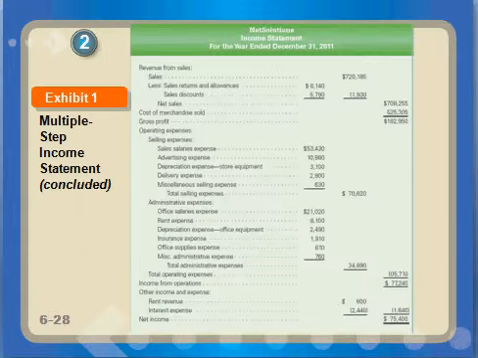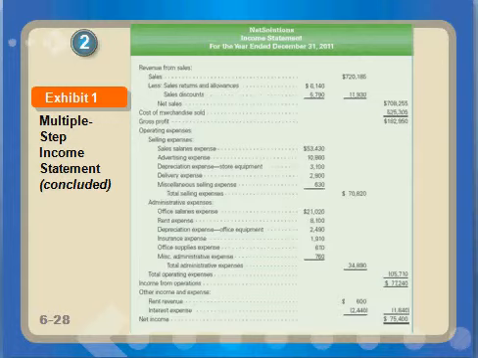So let's take a look at our income statement again. And you can see we have our sales less the returns and allowances, less the discounts, giving us our net sales. And then we subtract out our cost of goods sold from the little schedule that we use to determine our cost of goods sold, and that gives us our gross profit.